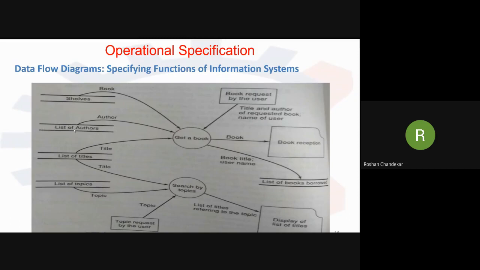Here the list of authors means where we store the list of authors. Then the list of titles, list of topics. These are the different data store areas where we store books, the list of authors, the list of titles, and the list of topics in our data warehouse data store, which is represented by the open box.